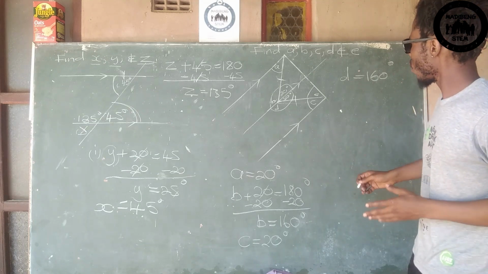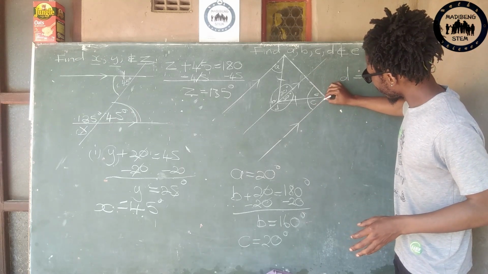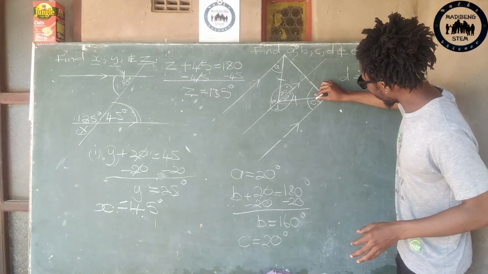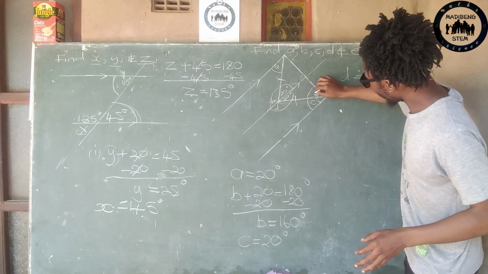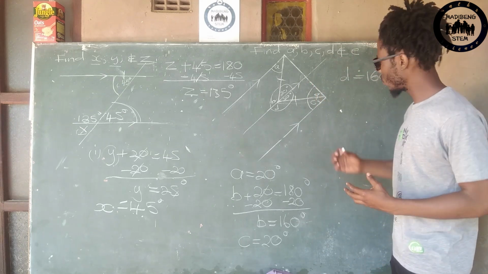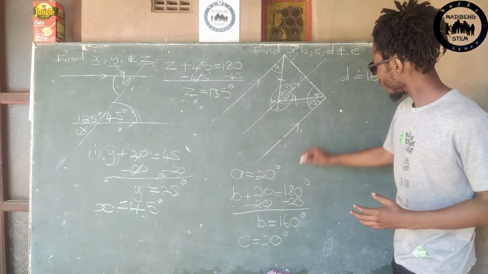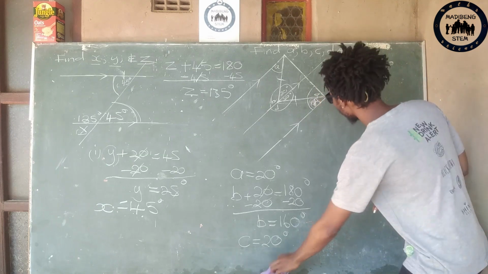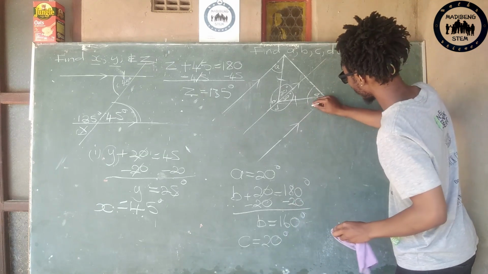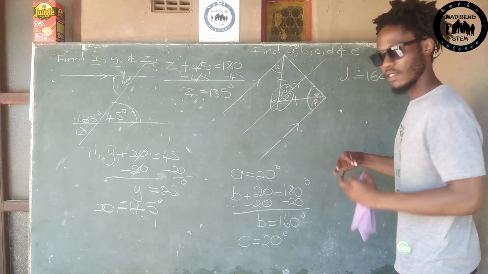So right now, you know that this is a right angle triangle, because this angle and this angle add up to 90. So we know we have this angle now. C is 20. So here is 20. Here is 20. Here is 20. And then this angle is 90.